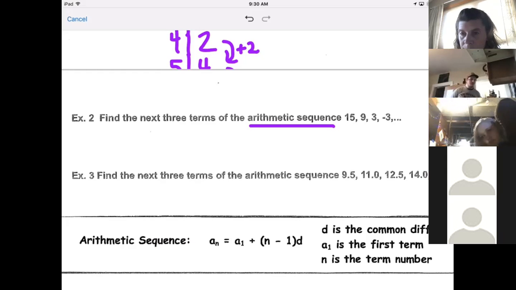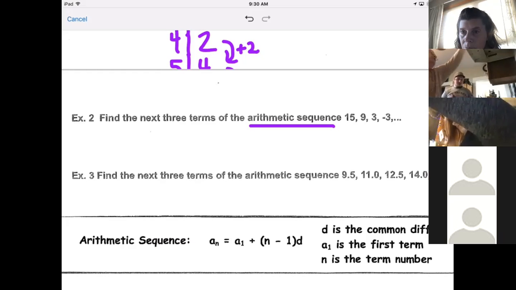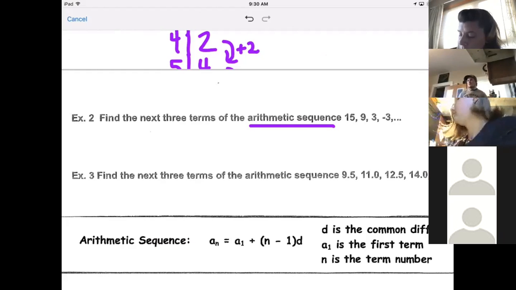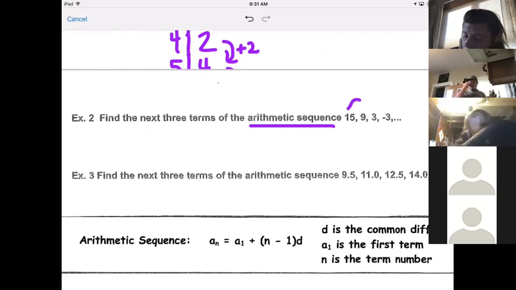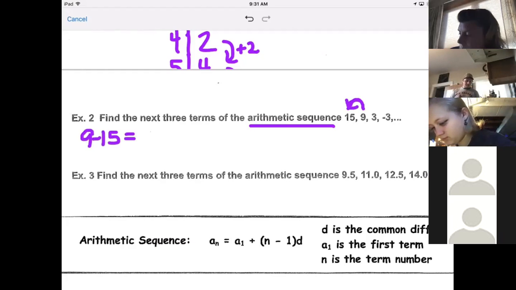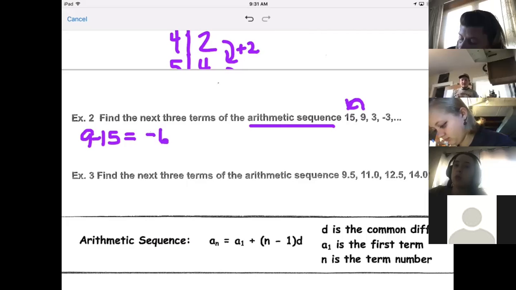You would look at the sequence and take 15 minus 9. Very close. We're actually going to go backwards. So we're going to do 9 minus 15. So what's 9 minus 15? -6. Right. So that's the number that's being added each time.